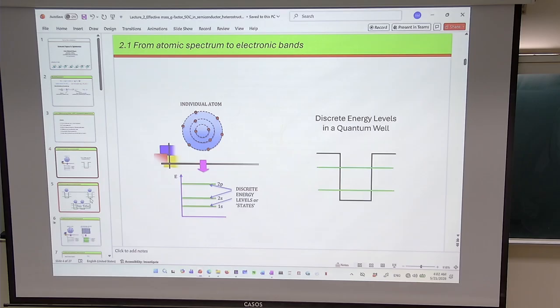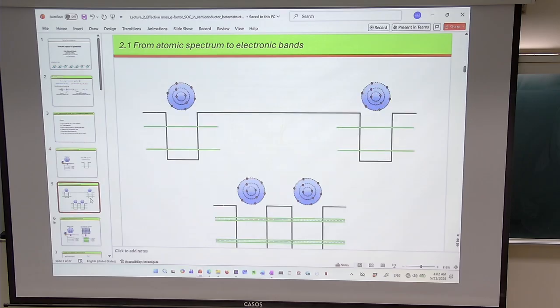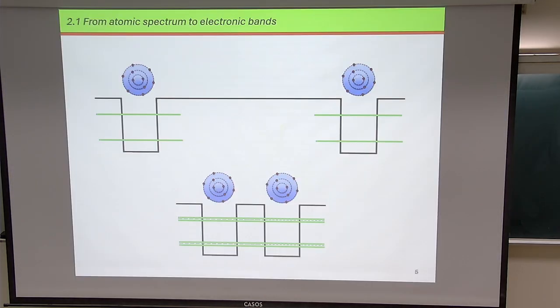Now, let's say that I have 2 atoms instead of 1 atom. Okay. So let's say that they are far away from each other, so I have these 2 quantum wells, right? And these 2 quantum wells, because they are far away from each other, they don't see each other, I still have these energy levels in the 2 quantum wells.